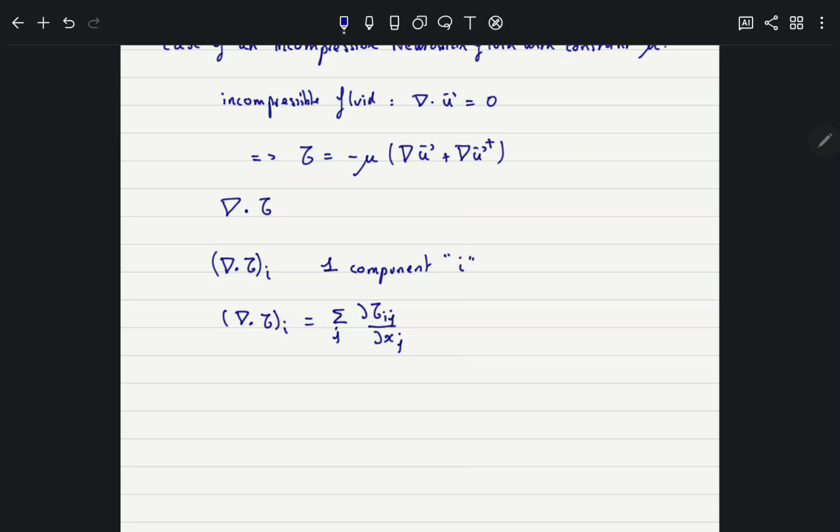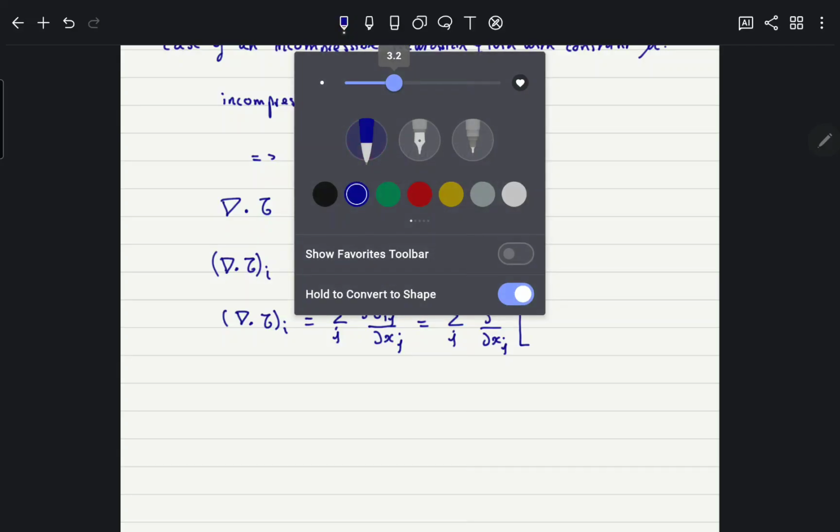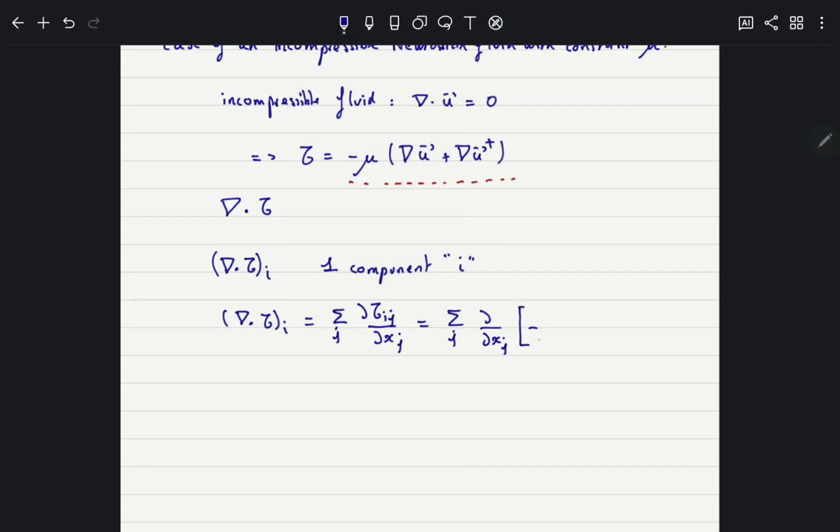Okay, so you can also further distribute that. So that's the partial derivative with respect to xj of what? Of what we have highlighted right here, of negative mu.